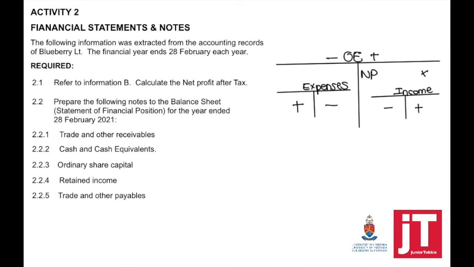If our expenses increase, it has a negative effect, but if our expenses decrease, it will have a positive effect. So this is like completing the accounting equation, where assets equals owner's equity plus liabilities, where all income and all expenses have an effect on the owner's equity.